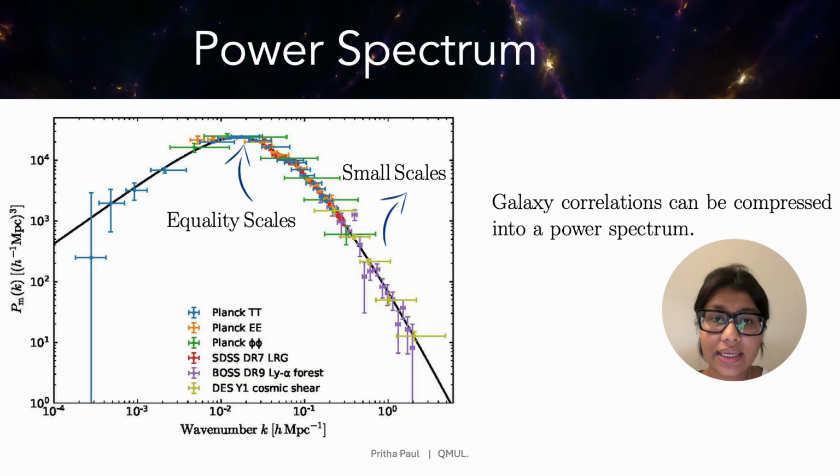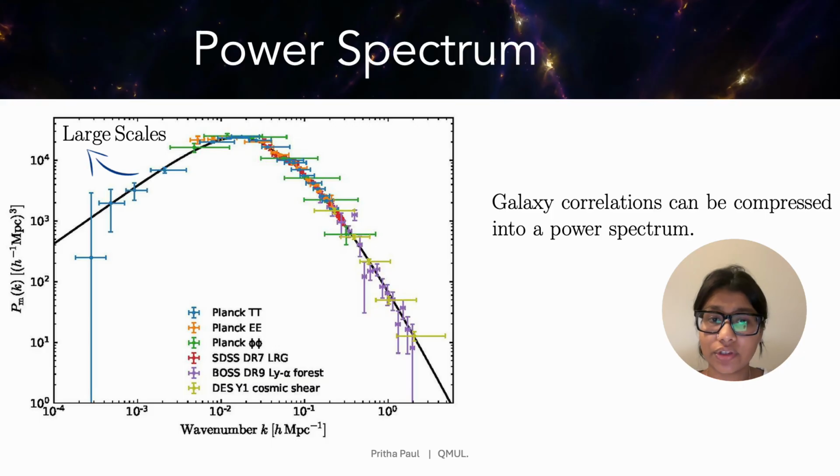However, with the current and upcoming surveys, we plan to get much more data on the larger scales, so it is becoming more and more important that we take into account these effects that dominate these scales. Alongside the power spectrum, it is also important that we now look into statistics which are beyond the power spectrum.